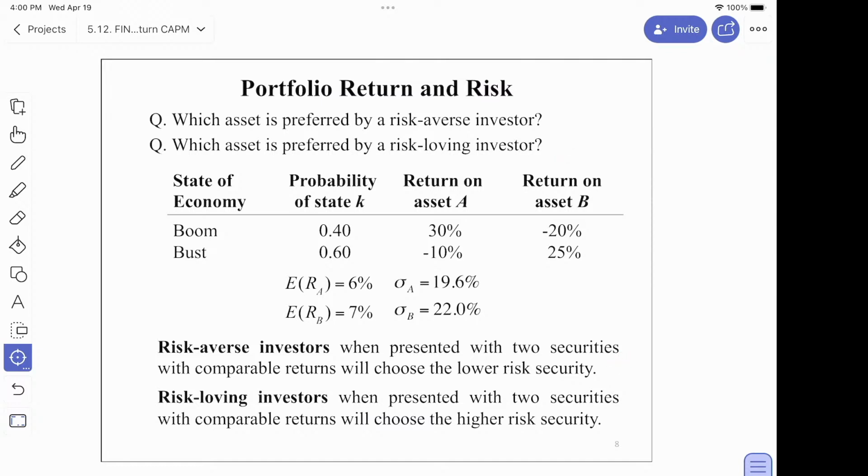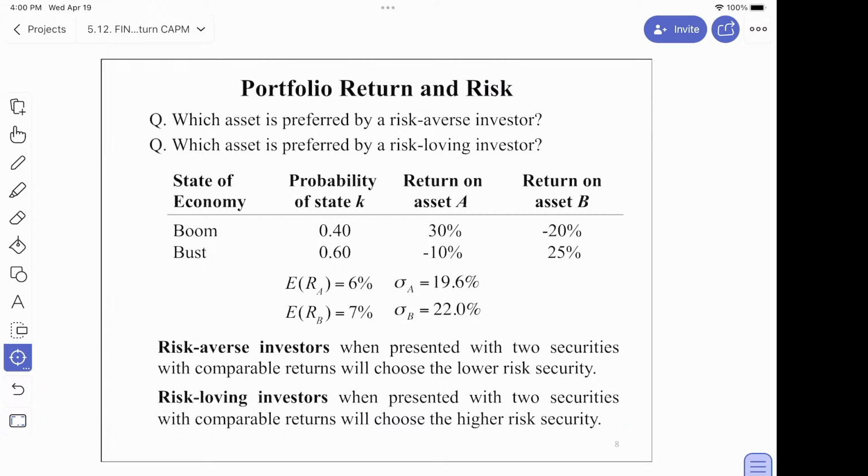All right, that's what I explain here. So risk-averse investors, when presented with two securities with comparable returns, will choose the lower risk security. Risk-loving investors, when presented with two securities with comparable returns, will choose the higher risk security.